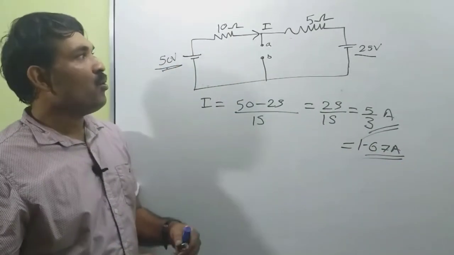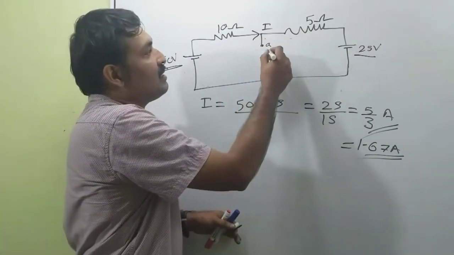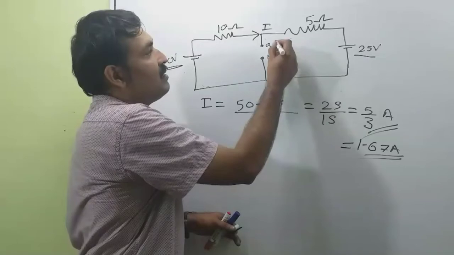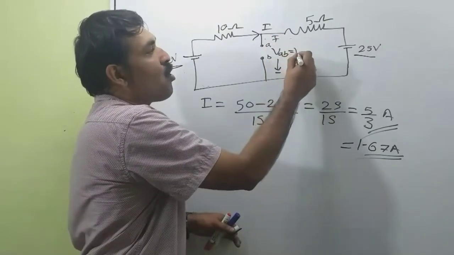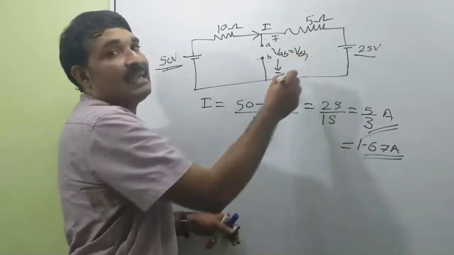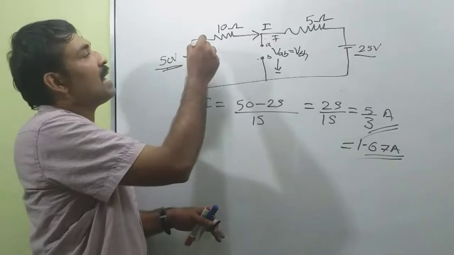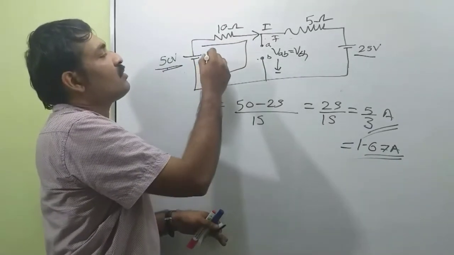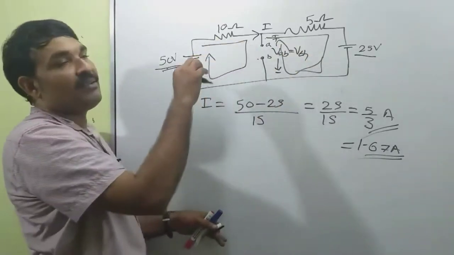Okay. Now we want to find the voltage across this terminal AB, that is VAB. This is plus and minus. This is equal to the open circuit voltage or VTH, Thevenin's equivalent voltage. Now we can obtain this voltage by applying KVL either for this loop or for this loop. Now I am applying KVL for this loop.